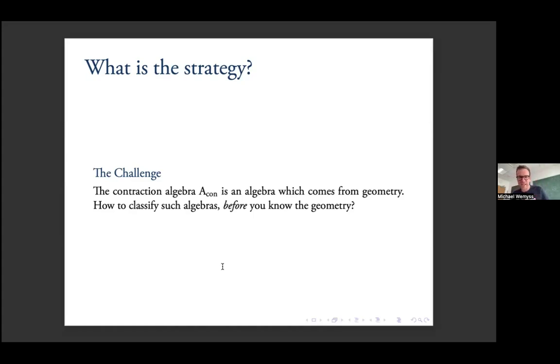How are you supposed to classify such things before you know what the geometry is? So of course, you solve this problem by classifying something else, and at the end, it turns out that you've classified the thing that you thought of. And how we do this is with a shiny bit of technology called the algebraic length.